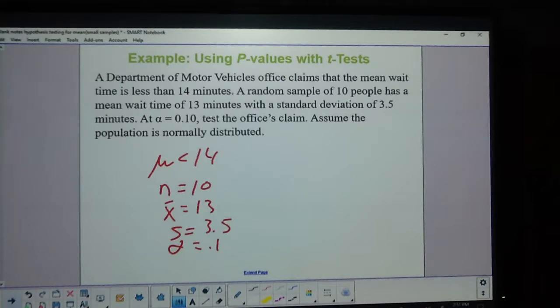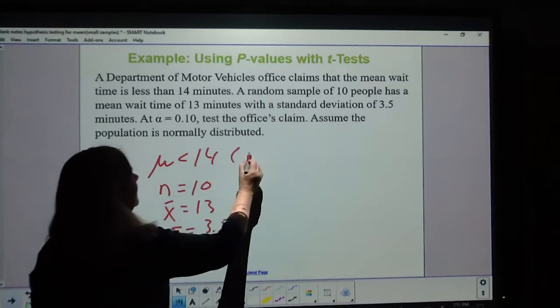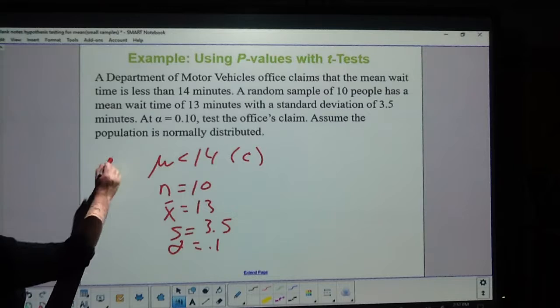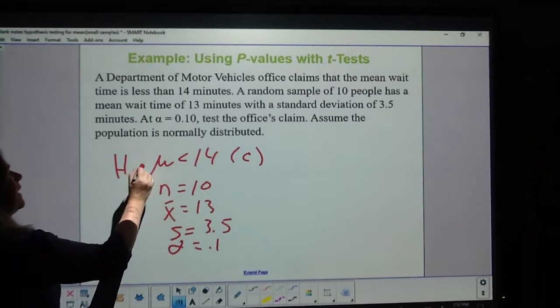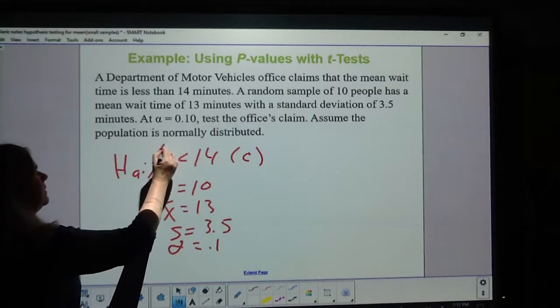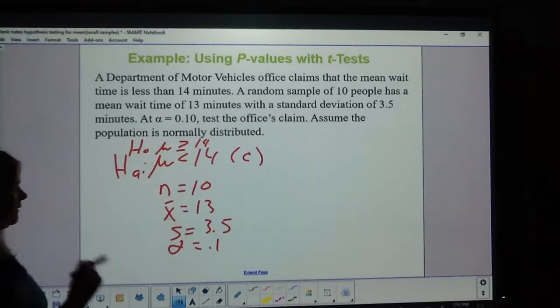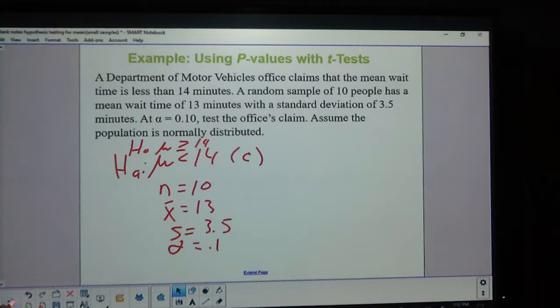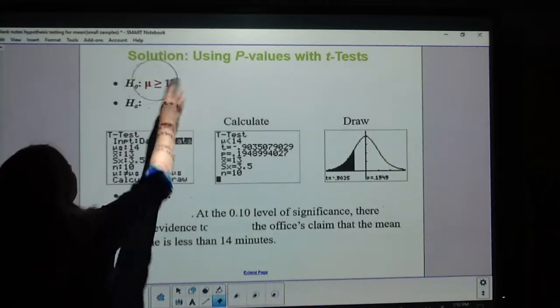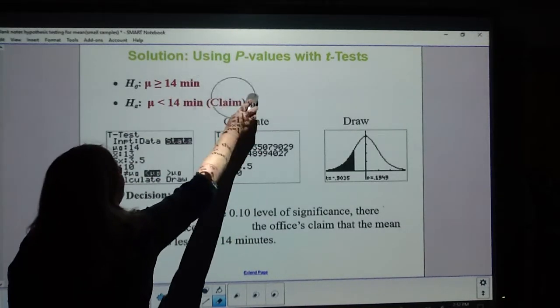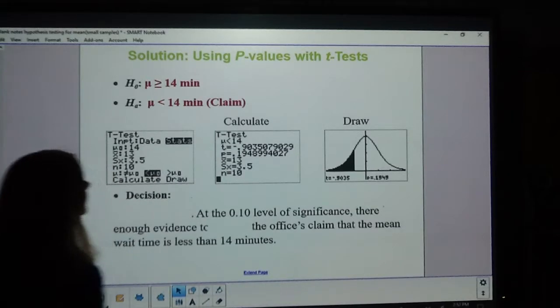Assume the population is normally distributed. So this is the claim we're testing. And this is my H sub A, because it does not have an equality. So that's my H sub naught. So let's go to the next page and do that. H sub naught. So there they are right there.